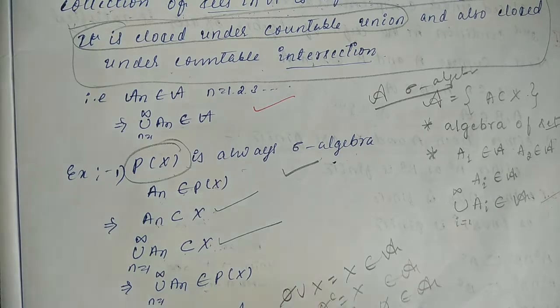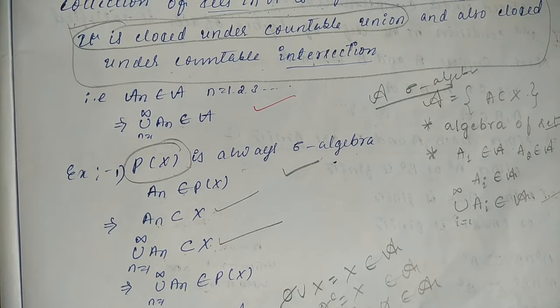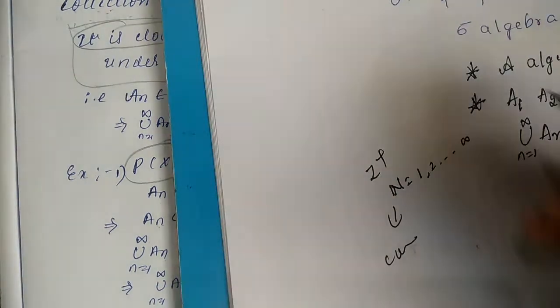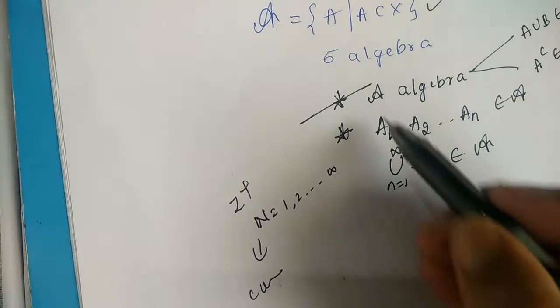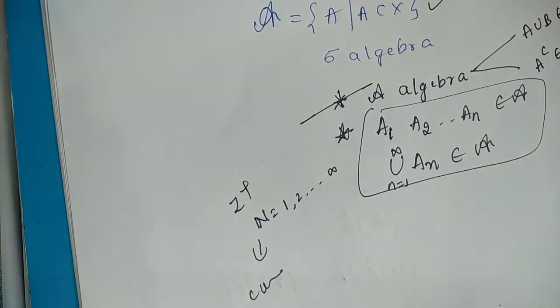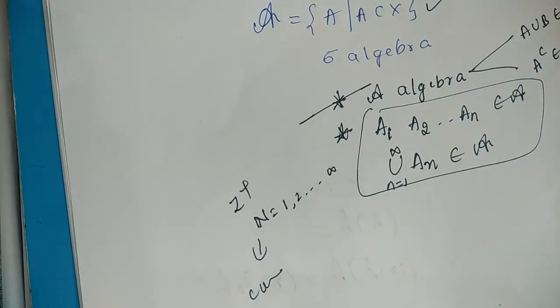Now let us take some examples. Here is an example: the power set. In the previous video I explained that the power set is an algebra. So the algebra part is done. Next, we check whether P of X is closed under countable union or not.